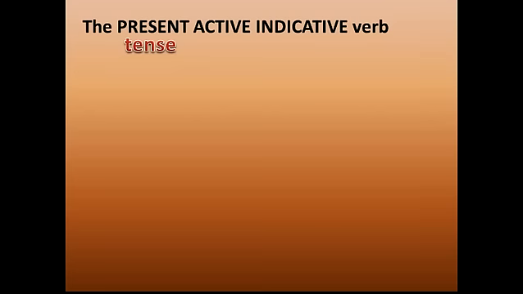And remember, that indicates not only time of action, but especially kind of action. We're going to say the voice is active. The subject is performing the action that is described by the verb. And the mood is indicative.